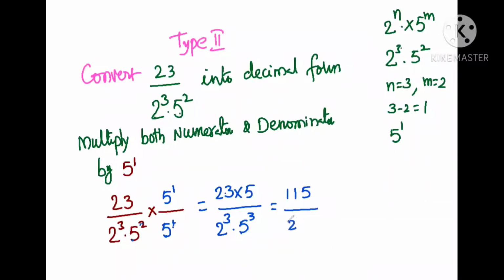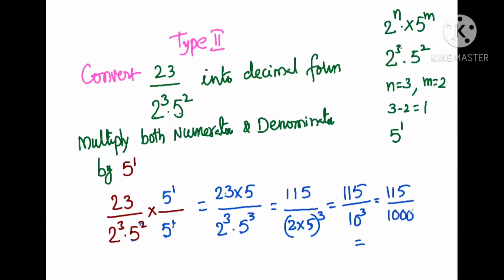Here we can write according to the formula a power m into b power m is equal to a into b whole power m. Their exponents are equal. So 115 by 10 cube. 10 cube means 10 into 10 into 10, 1000. Now you have to divide 115 by 1000.